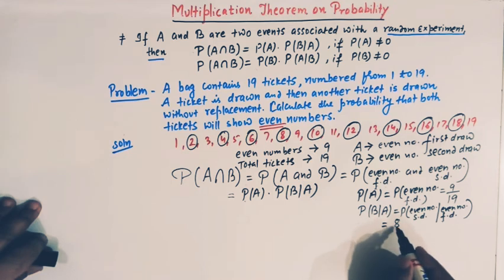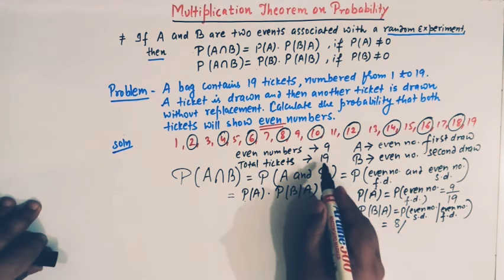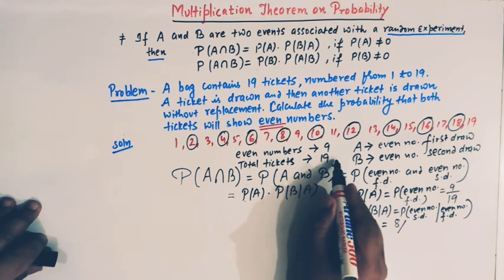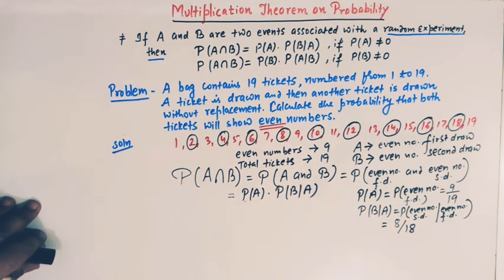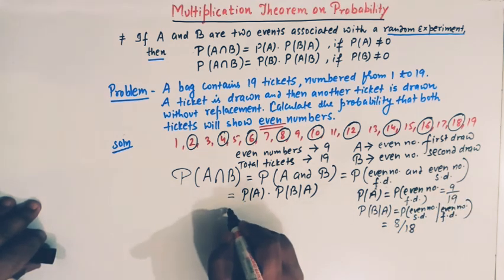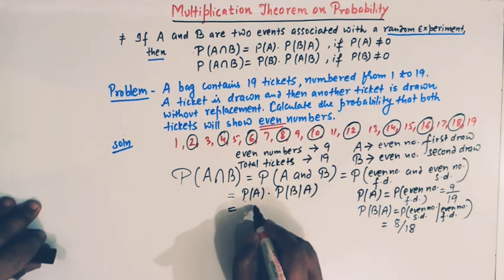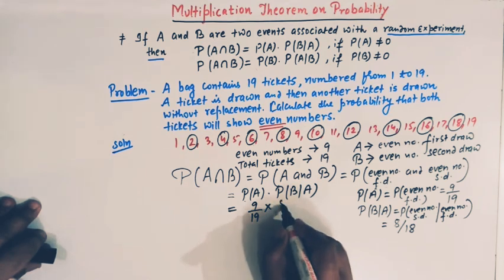Now we'll have only 8 even numbers to draw. So the total number of tickets will be now 19 minus 1, that is 18, right? So now we'll substitute these two values here. We'll get 9 over 19 multiplied by 8 over 18.